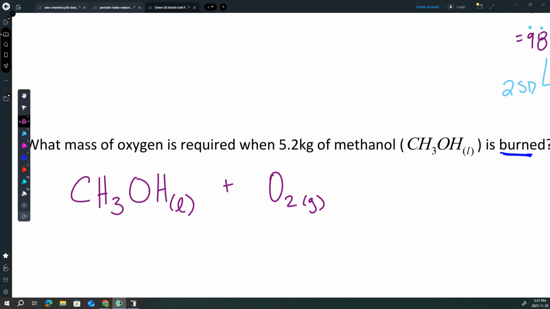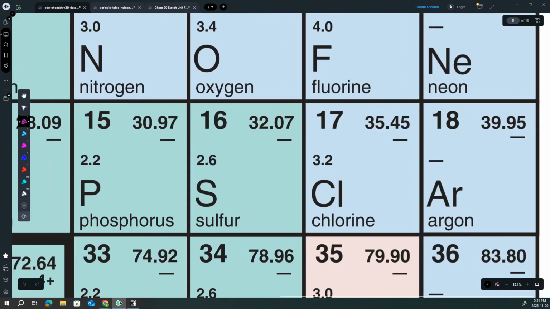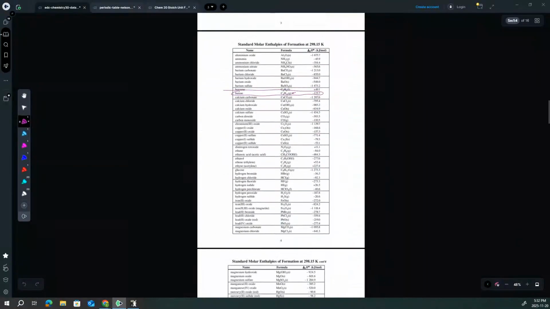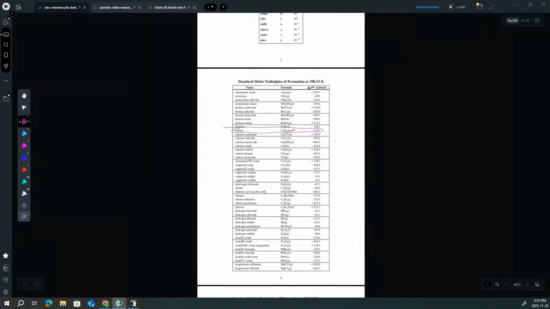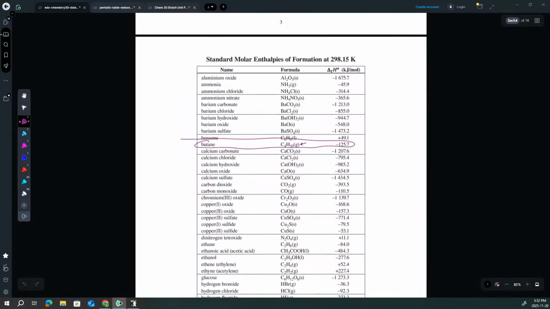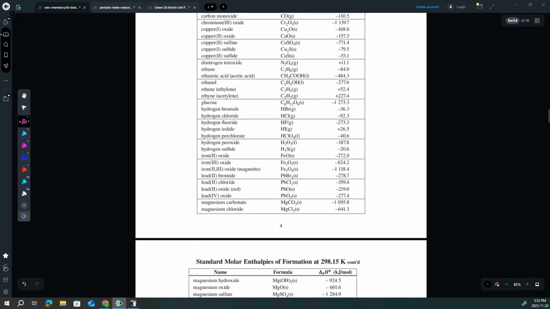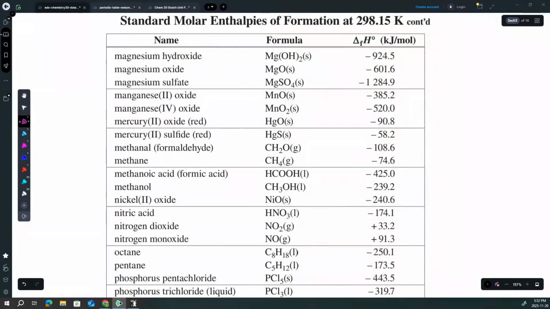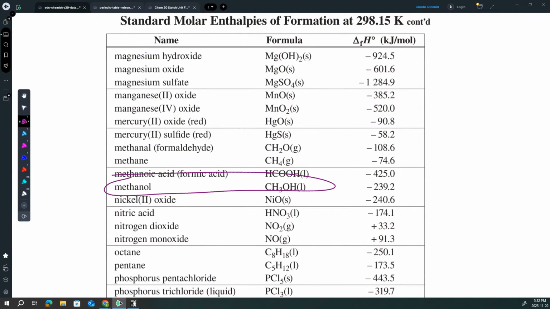Now, if you were given the name of methanol but not given the formula, where you could look that up would be on page 4 and 5 of your data booklet. Okay, so for methanol here, we could find that. There's methane, there's methanol, right there.